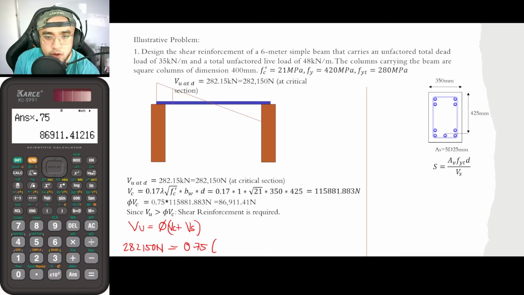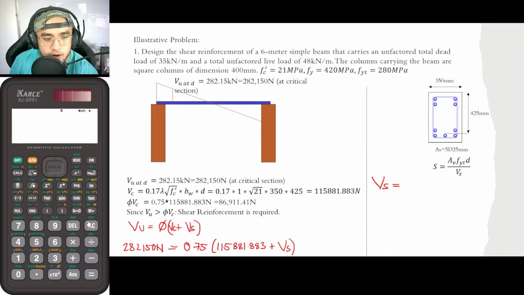VC is equal to 115,881.883 newtons, plus VS. We do not know the value of VS, so solving for VS, looking at the calculator, either you would be transposing it, or let us just make use of shift solve here. So 282,150 newtons is equal to 0.75 times 115,881.883 plus alpha x.